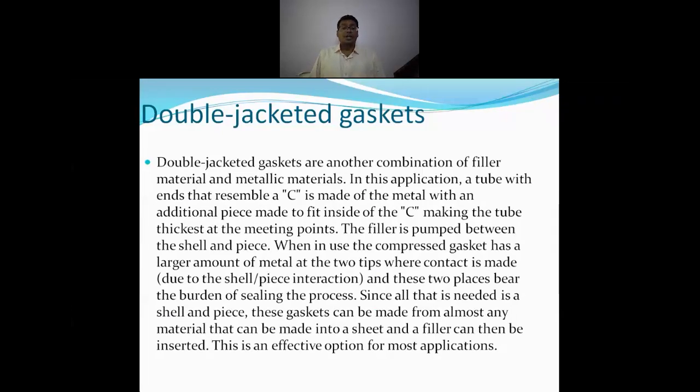In this application, a tube with ends that resembles a C is made of metal with an additional piece made to fit inside of the C, making the tube. The filler is pumped between the shell and the piece. That means in between the C shape, the filler material is pumped in. When it is used, the compressed gasket has a large amount of metal at the two tips where contact is made.